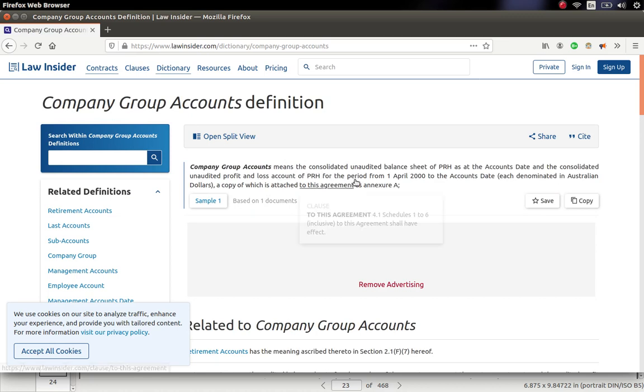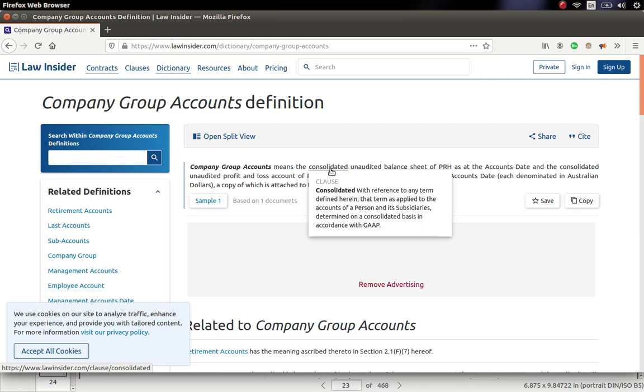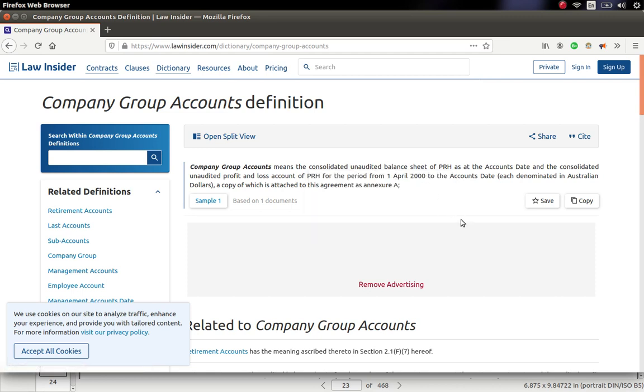Company group accounts means the consolidated, unaudited balance sheet of PRH. This looks like a specific company. As at the account date, and the consolidated unaudited profit and loss account.